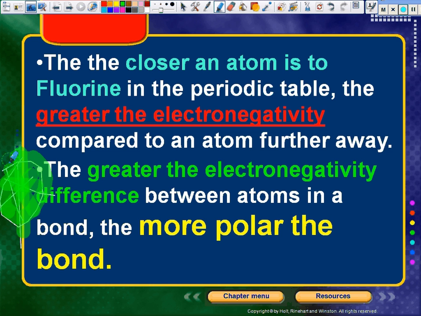So the greater the difference between two atoms, the more what does it become? Polar. This is the word you need to know. Polar is very, very important. Okay? Polar. What does polar mean? Opposite ends. Very good.